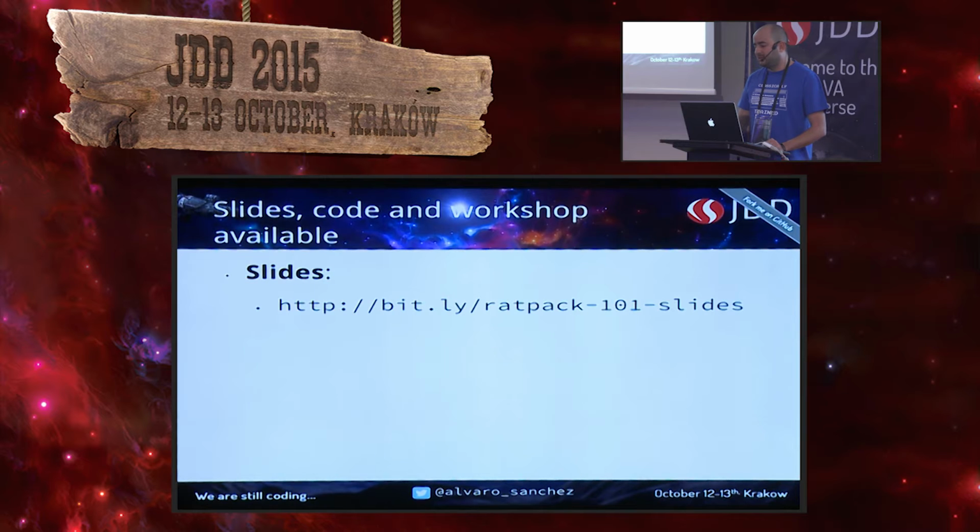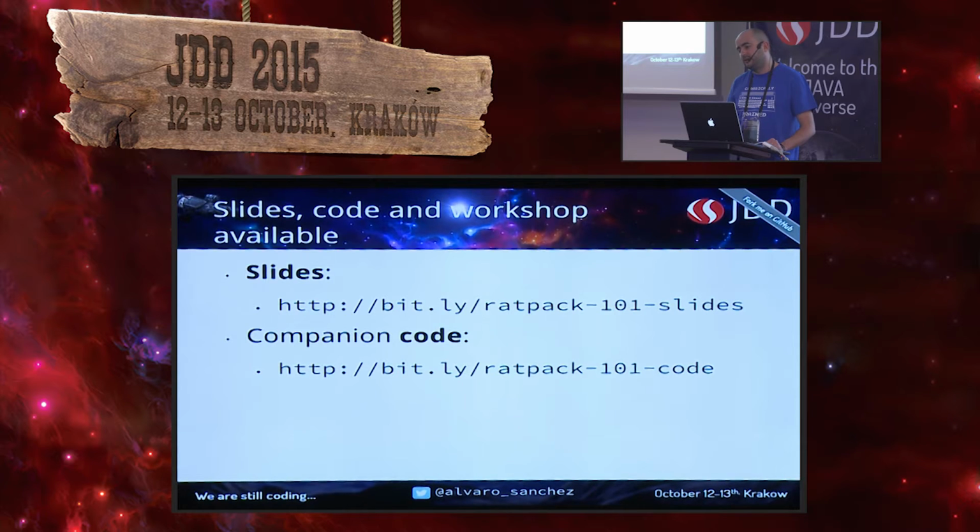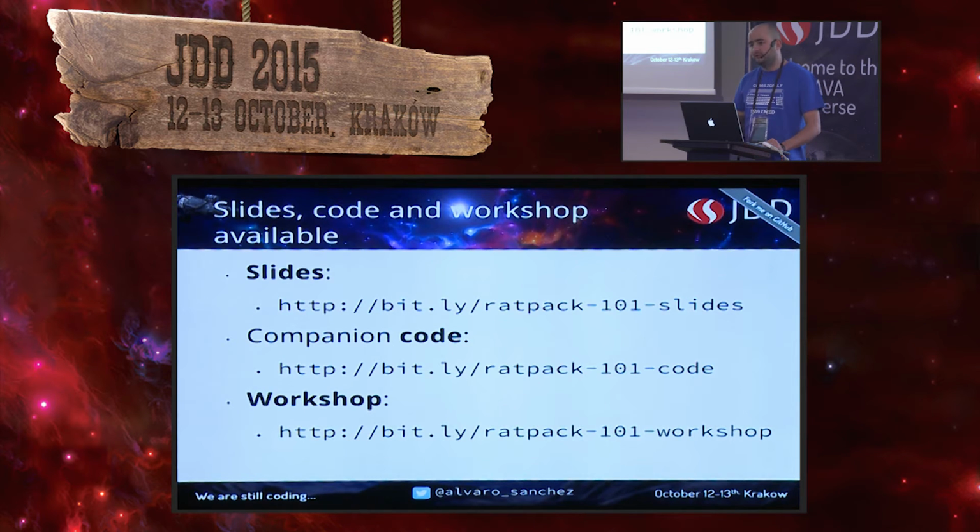The slides are available already at that URL. Actually, probably it's not the latest version, but you can search for my name in the slide here and you will find them. There is some accompanying code for this talk, the demos that I will show you. That is on that URL, and finally, there is a workshop version of this talk on that URL.